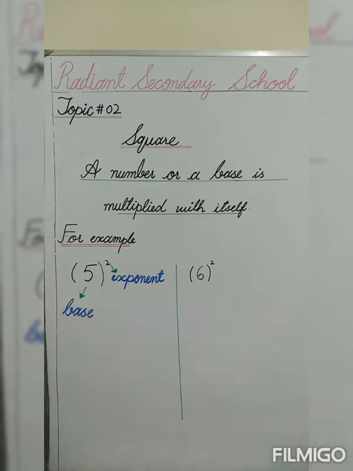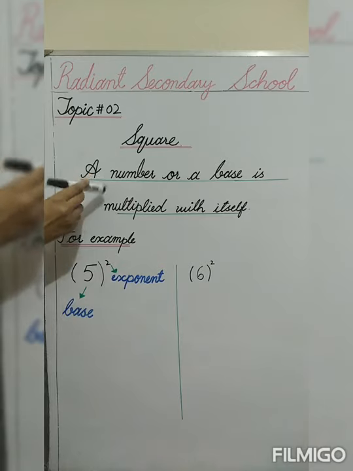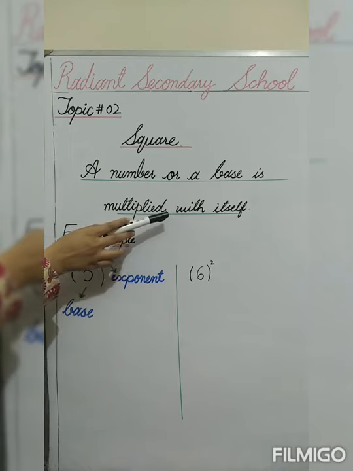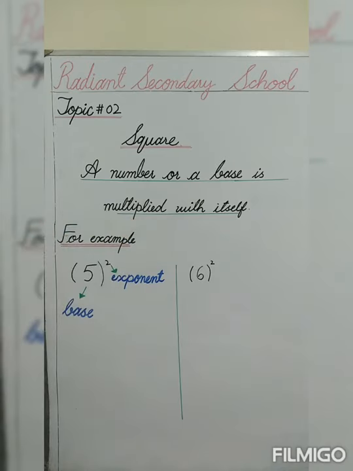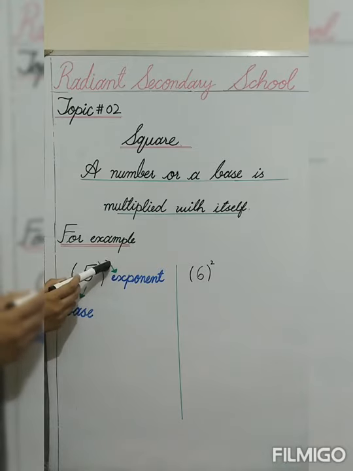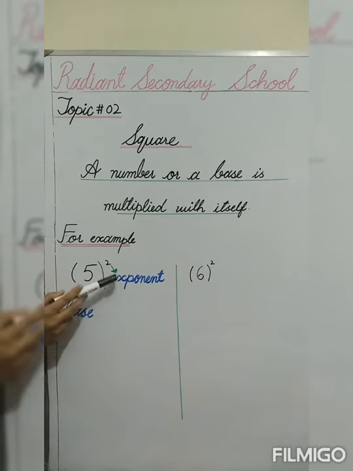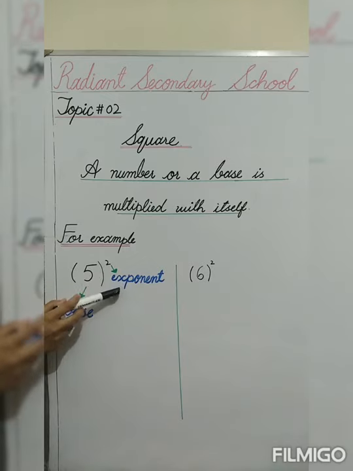Okay class, now the next topic is square. A number or a base is multiplied with itself. Now let's take an example. Here I am taking 5 raised to power 2. In this example, this 5 is called the base and this 2 is called the exponent.